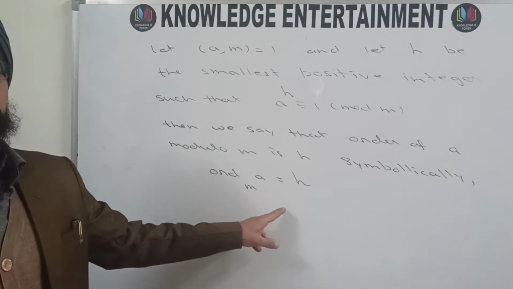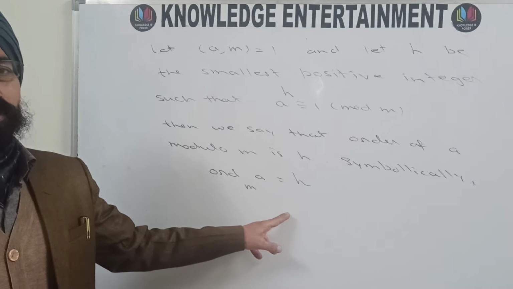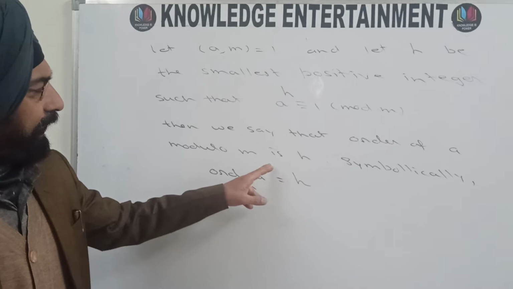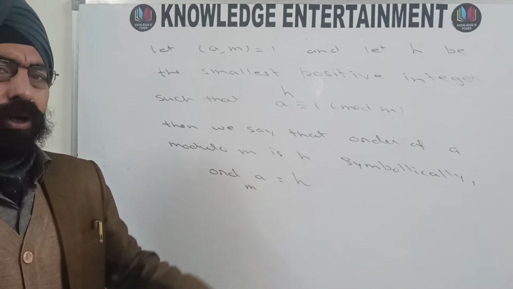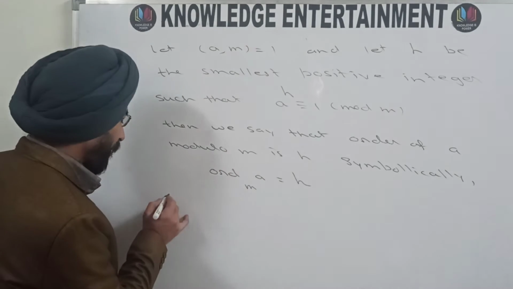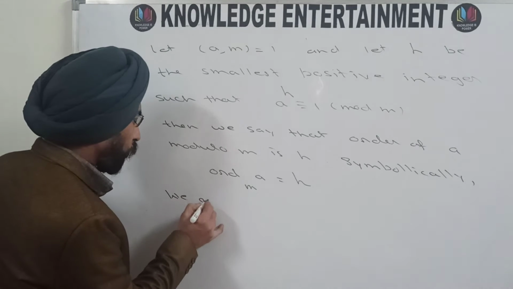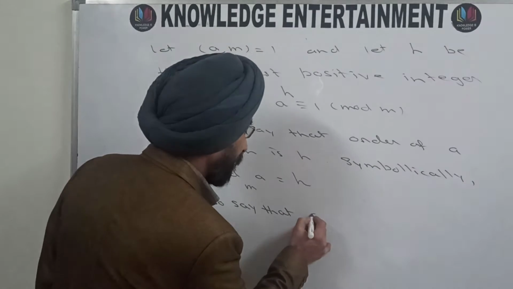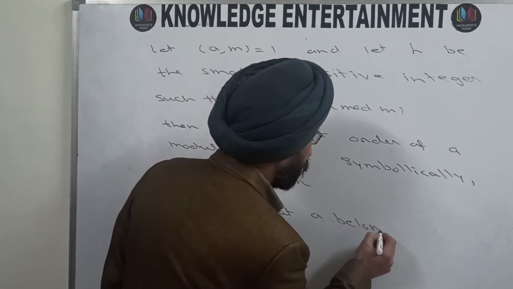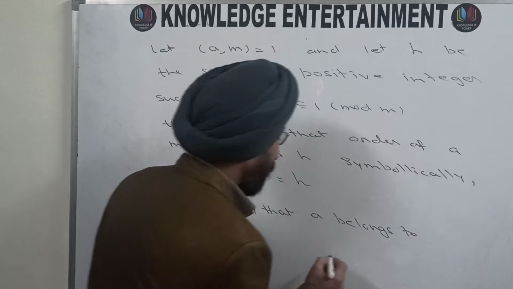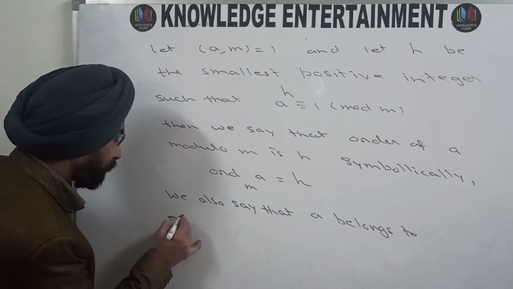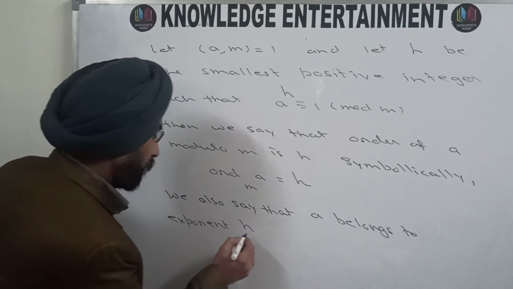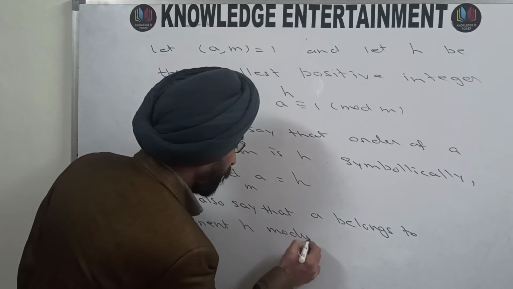This is just a symbolic representation of the order of an element modulo m. And if the order of a modulo m is h, then we also say that a belongs to exponent h modulo m.